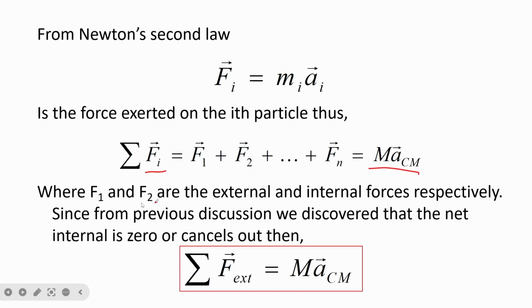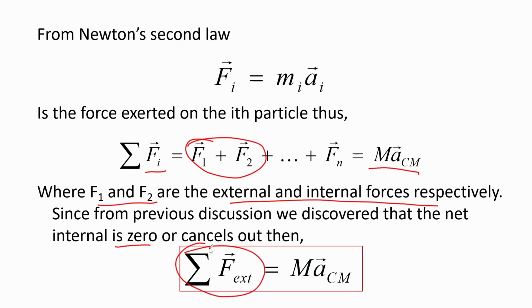Here, F external and F internal are the external and internal forces respectively. From the previous discussion, we discovered that the net internal force is zero, or cancels out. So what remains is the external force, equal to the total mass times the acceleration of the center of mass.